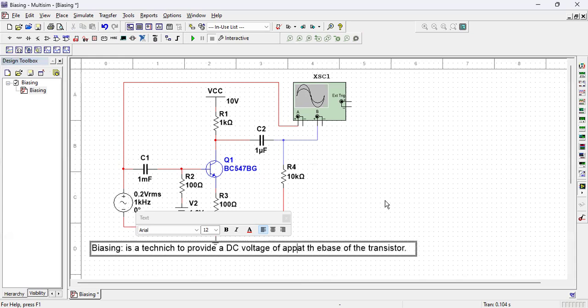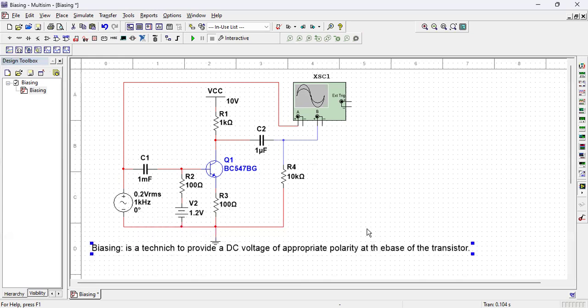Why did I add the words appropriate polarity?